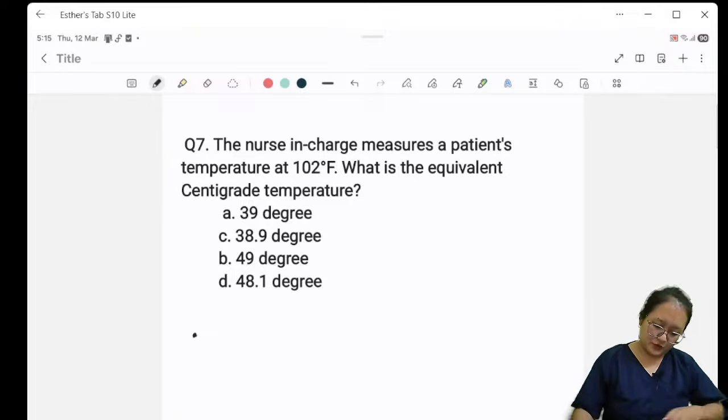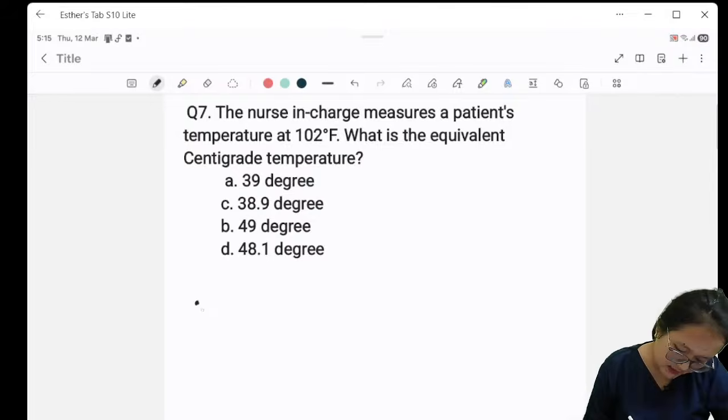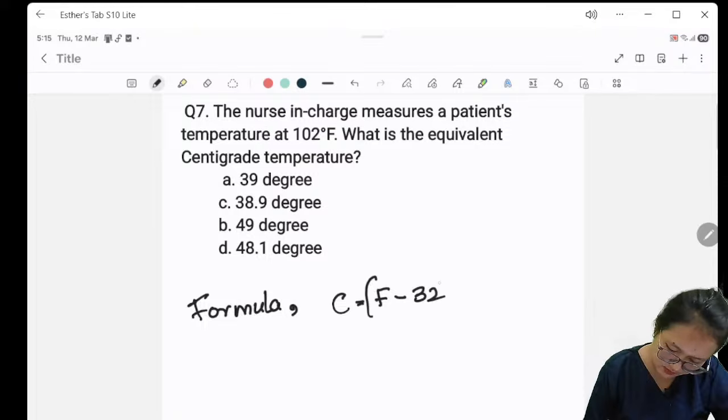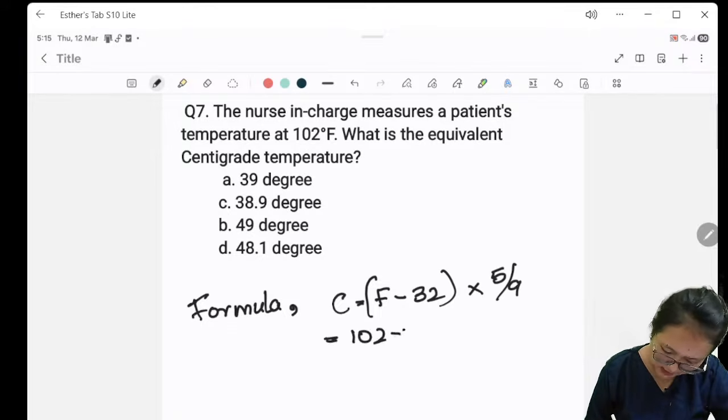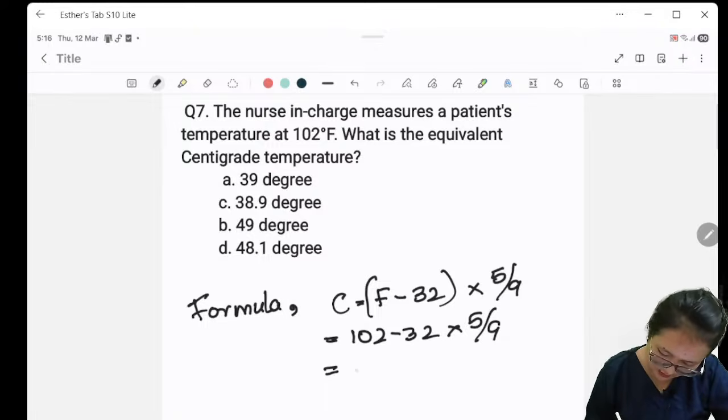So here, in order to convert from Fahrenheit to Celsius, we have a formula. Let's see the formula. We have Celsius equal to Fahrenheit minus 32 into 5 by 9. So we have Fahrenheit is 102, minus 32, into 5 by 9. So 102 minus 32 will get 70, right?